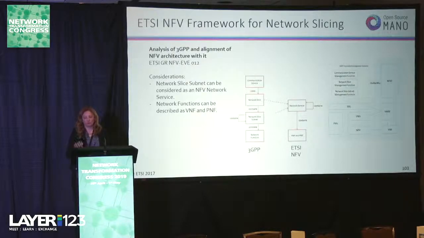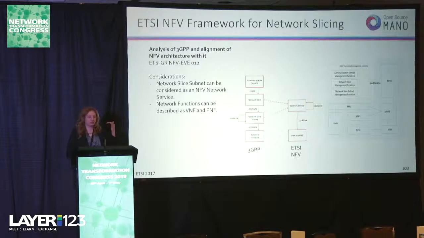And so when we look at the ETSI identity framework for network slicing, this is really how we've addressed it in the OSM platform, and we've leveraged the definition of 0.12 of that, where we talk about how a network slice subnet can be considered an NFV network service.